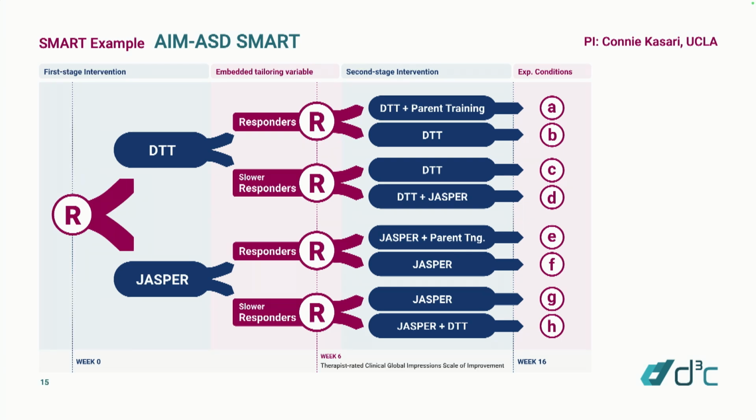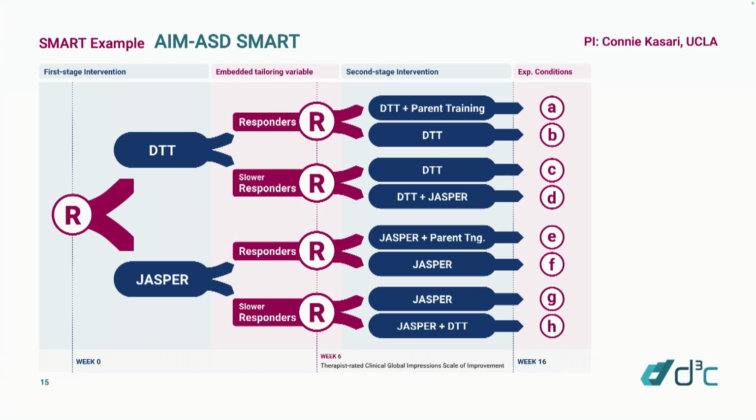So this module is supposed to be about SMARTs. Here's the SMART that Connie and I cooked up. We randomized because one of our questions was, what do I start with for kiddos who are minimally verbal with autism? This is a major question in the field because DTT is, for all intents and purposes, close to what's considered usual care in autism.